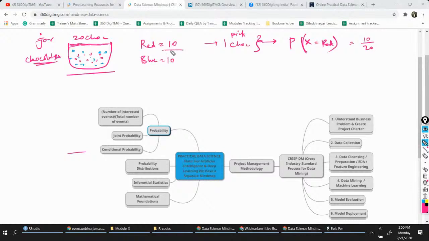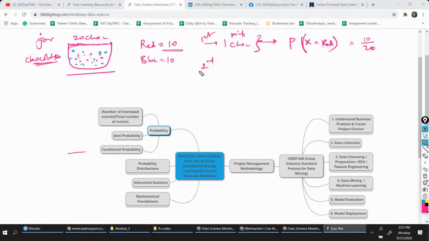Now, if he picks any one of these red chocolates, the condition is satisfied. So there are 10 different possibilities out of 20 possibilities. So this is 10 by 20. Let's call this the first pick.